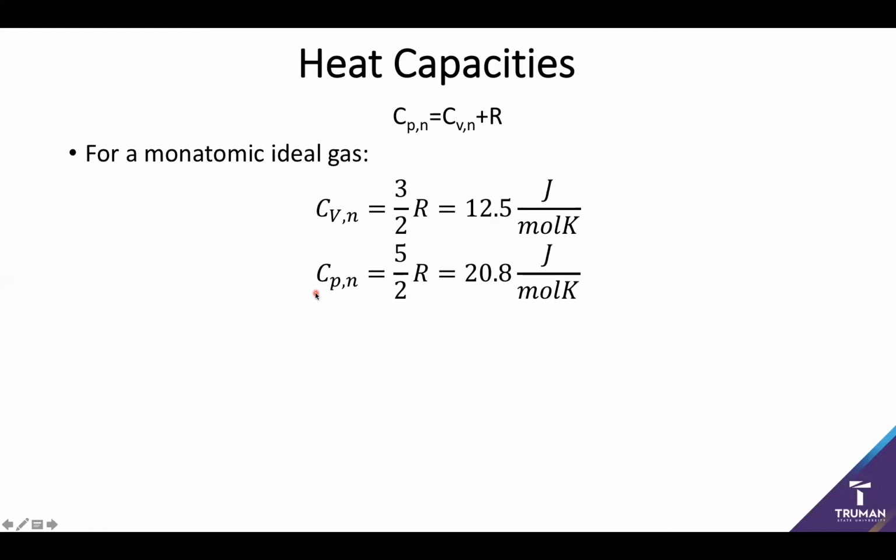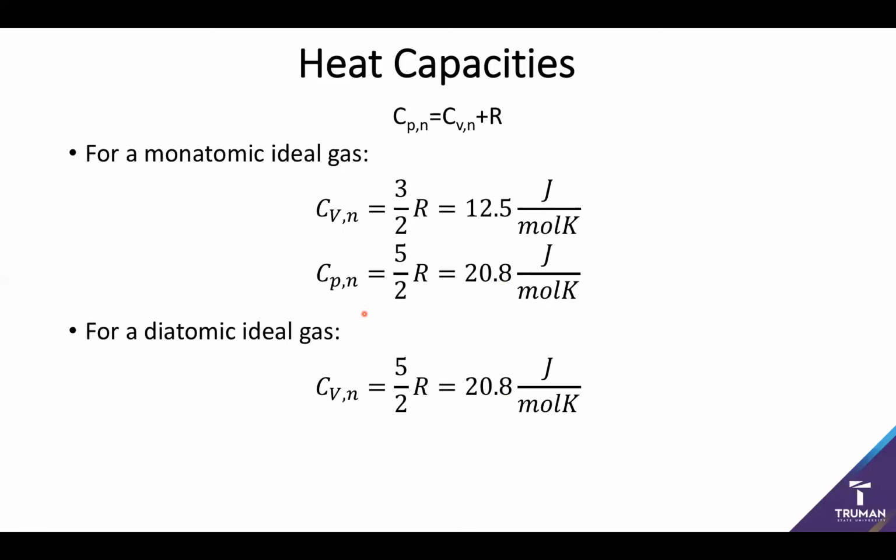However, the isobaric heat capacity has that extra R term due to the expansion of the gas when heated, so it's going to have an isobaric heat capacity of 20.8. And so you'll notice that heating a monatomic ideal gas that's allowed to expand is almost twice as hard.